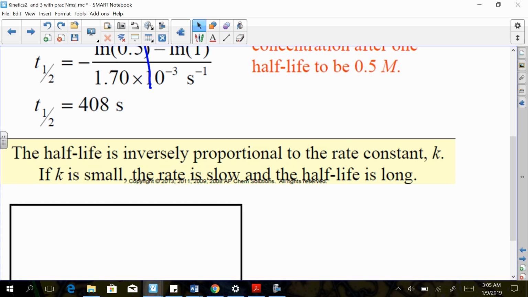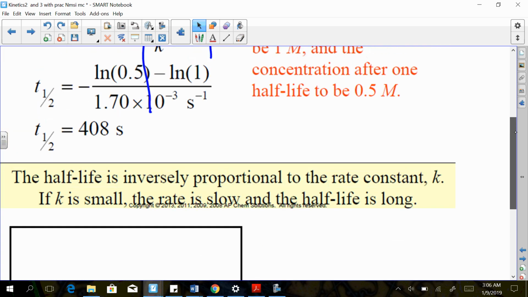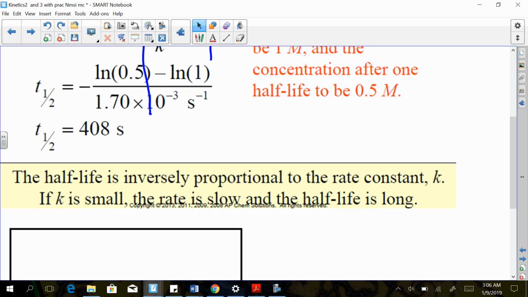And so something to know, half-life is definitely inversely related to the rate constant. So if you look at that, if you have a really long half-life, you have a very small rate. And if your rate is small, like it takes a long time for it to react, K must be small.